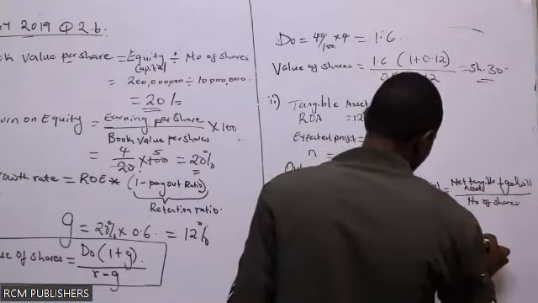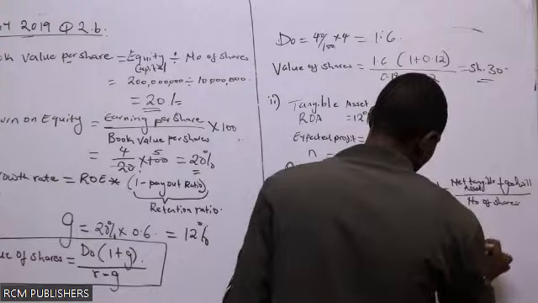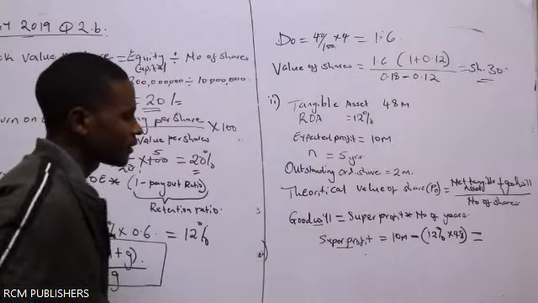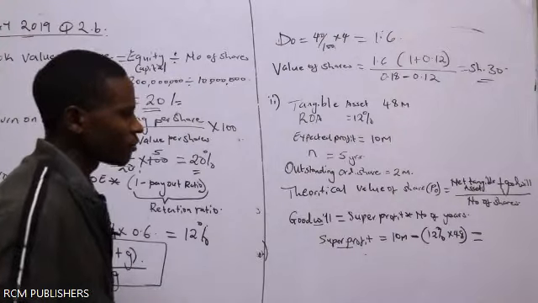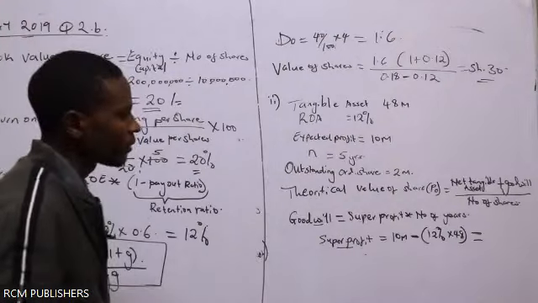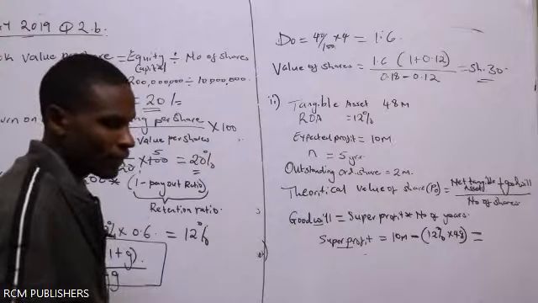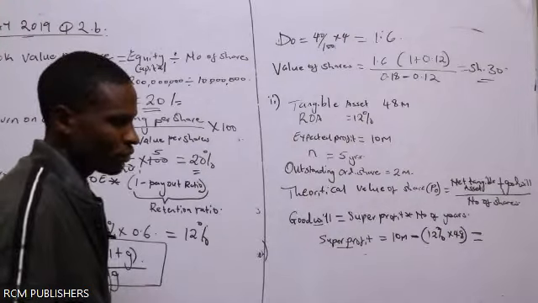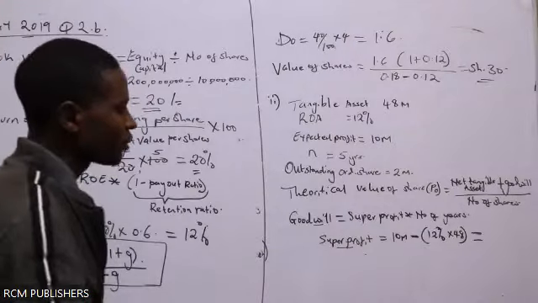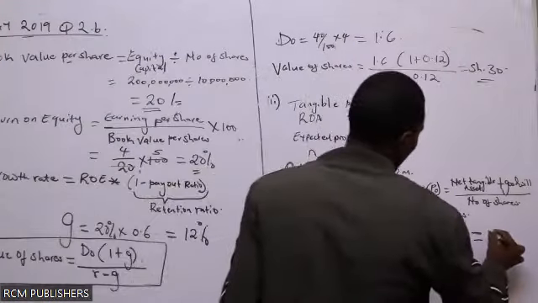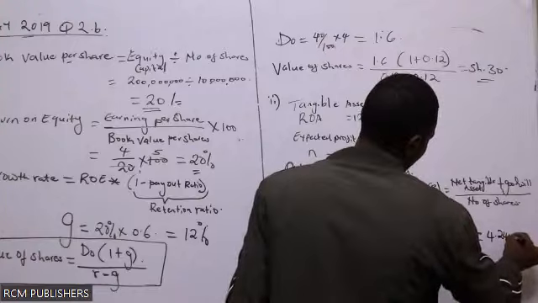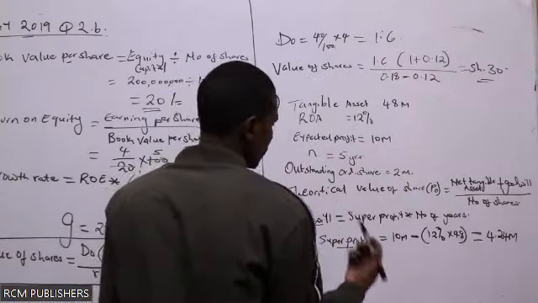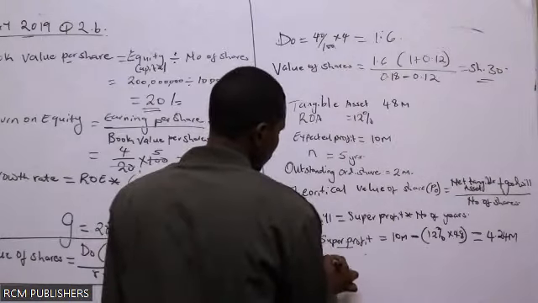So how much does this give you? 12% of 48: 0.48 times 12 is 4.24 million. Subtract that, and if that is the super profit we shall have, we can get goodwill.